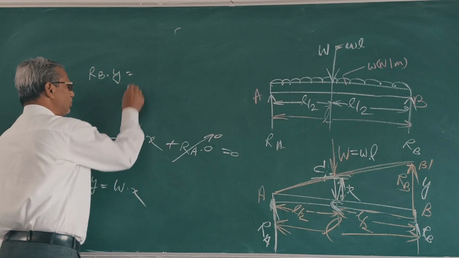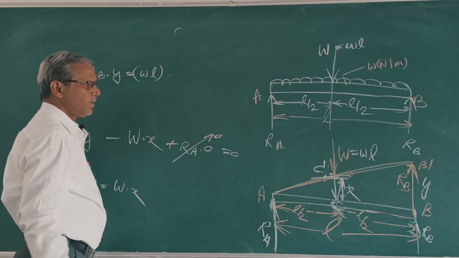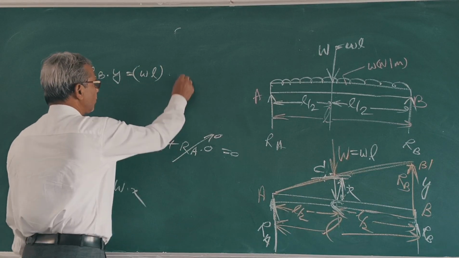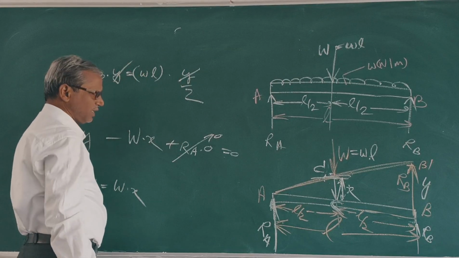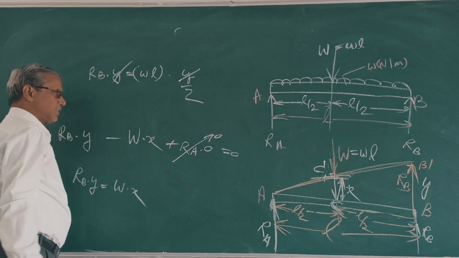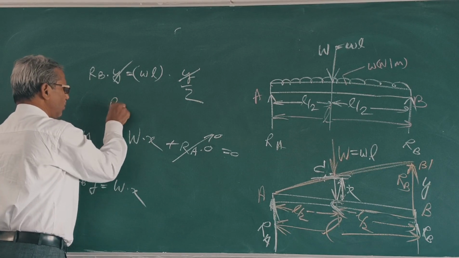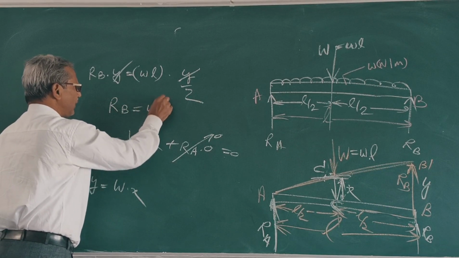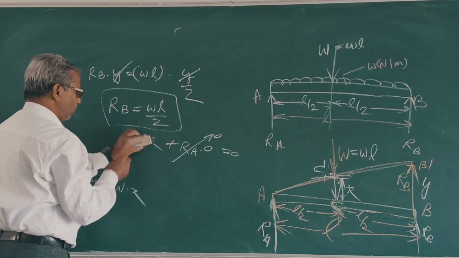W is w L, into x. What is x equal to? y by 2. y cancels on both sides. What is RB equal to? w L by 2. This is the value of RB.